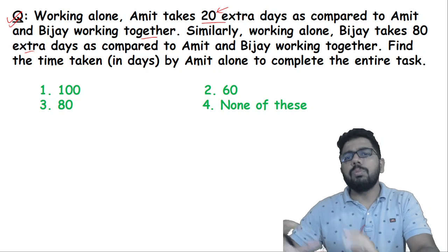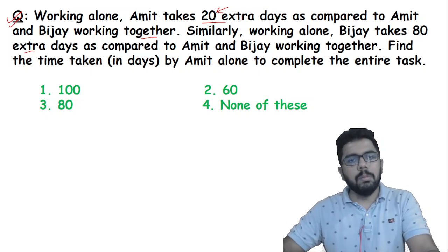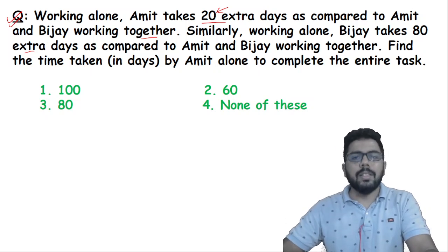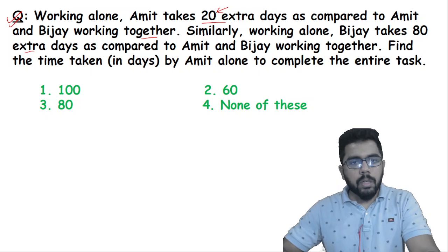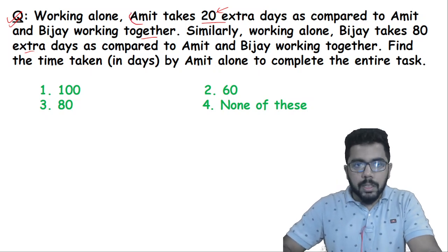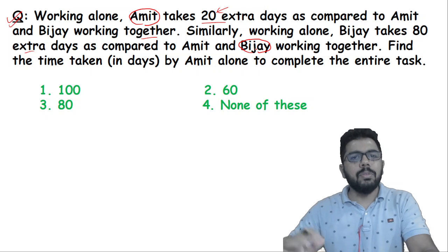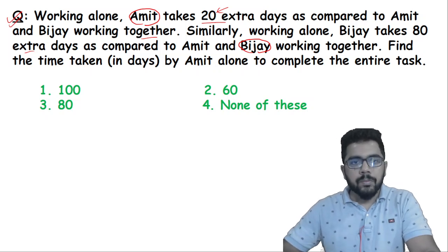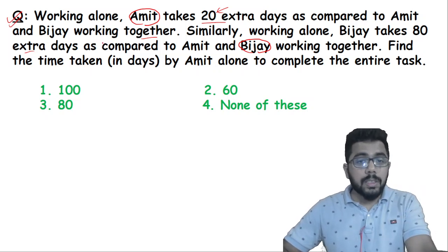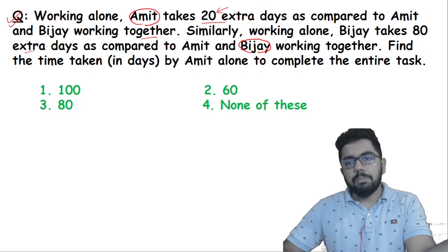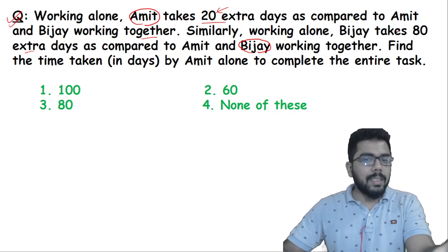So obviously, when two people are working together, they will take less time. If only one of them is working, naturally they will take more time. But we can conclude from the question itself that Amit and Vijay definitely have different working capacities. Because if Amit is working alone, he is taking 20 extra days, whereas if Vijay is working alone, he is taking 80 extra days.